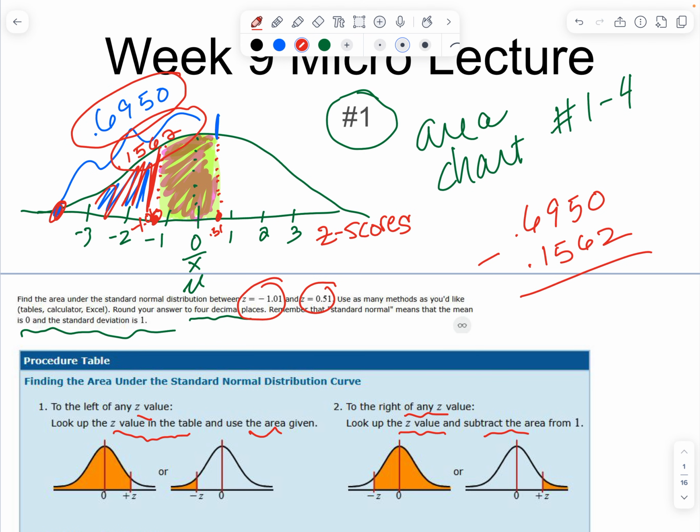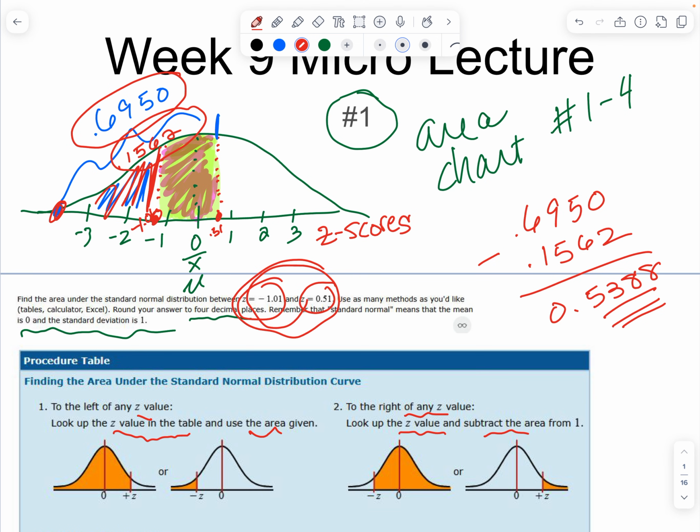I'm sorry, we should not end up with 0.761. Let me break out my calculator here. Okay, so 0.6950 minus 0.1562 leaves us 0.5388.